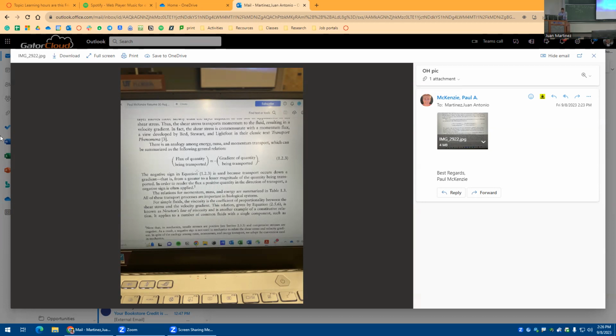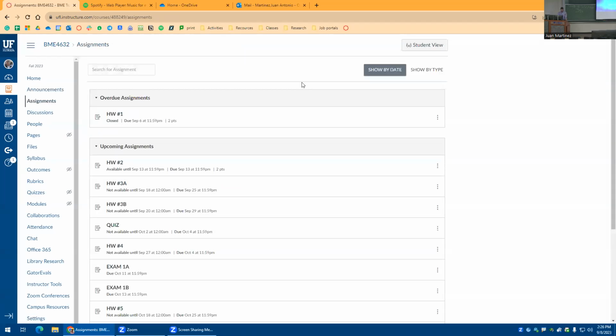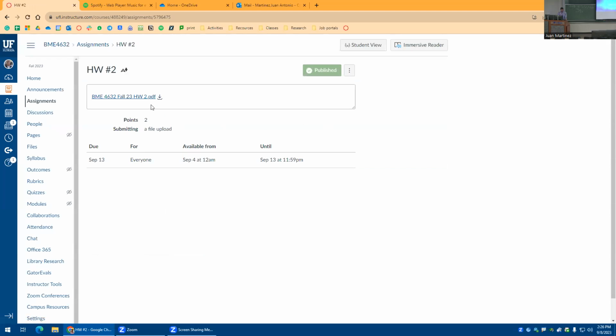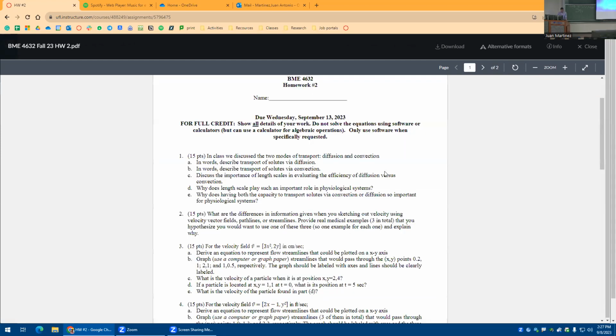What do you guys have in your homework? Are you talking about length scale? Let's see. It says, question 1: in class, we discussed the two modes of transfer, diffusion and convection.